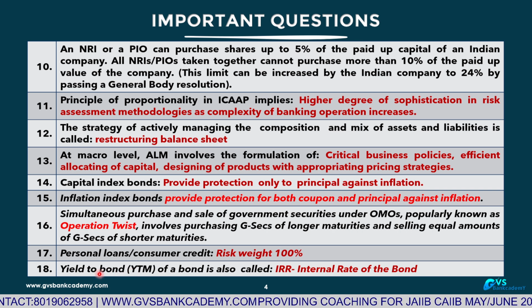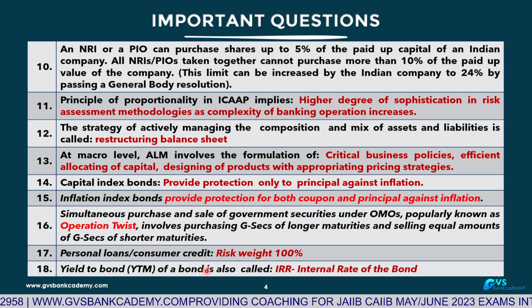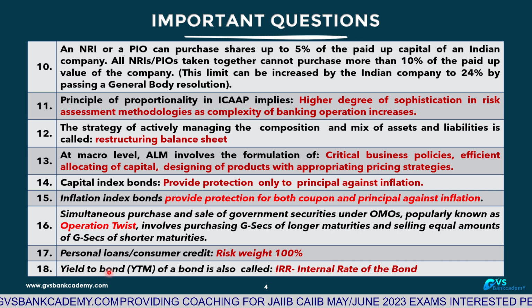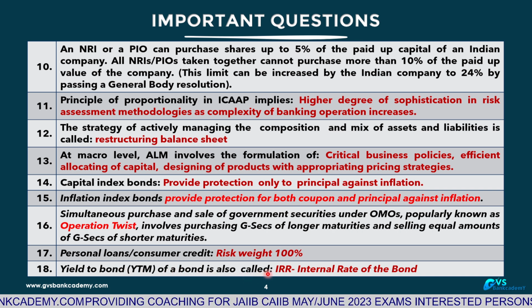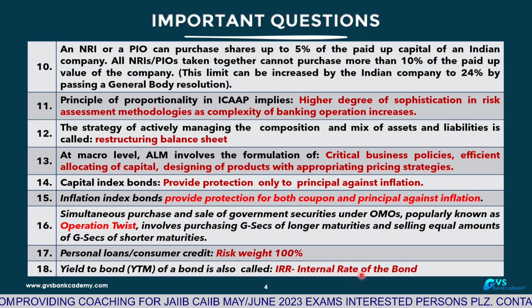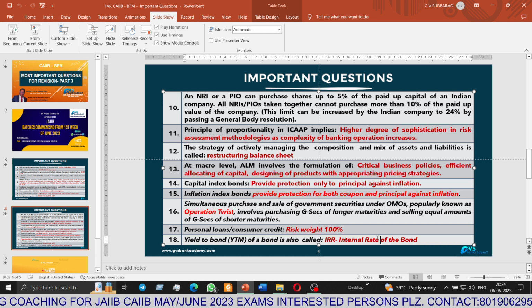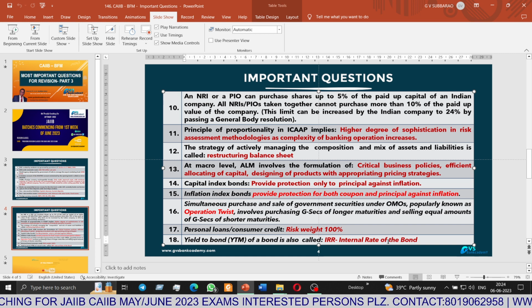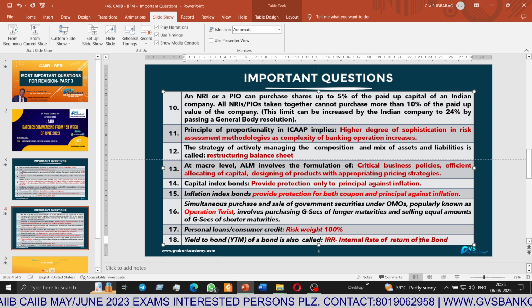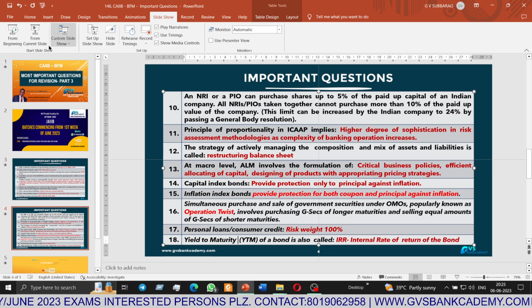18. Yield to maturity, YTM. Yield to maturity of a bond is also called the internal rate of return of the bond, IRR.